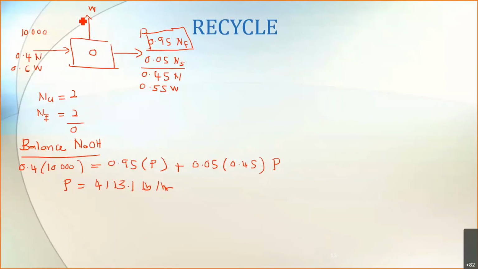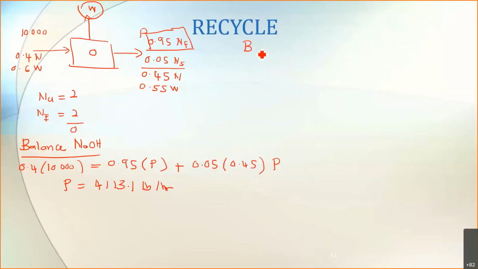But the most important thing that we want to find here based on our question is the value of W. So you can either do balance on water or balance on the overall system. Now for me, I think that it will be easier if I do balance on the overall system.